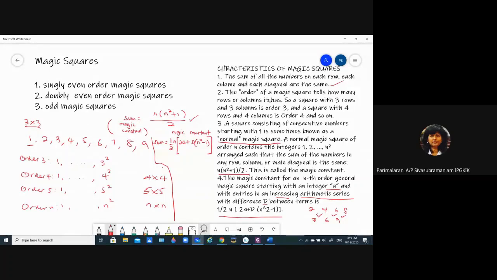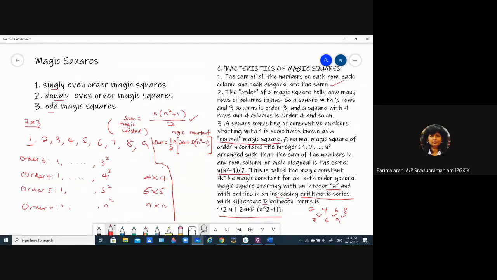So these are some of the characteristics of the magic square. Just for you to know, there are three types of magic squares. The first is singly even order magic squares, sometimes known as single even order magic squares. The second type is doubly even order magic squares.